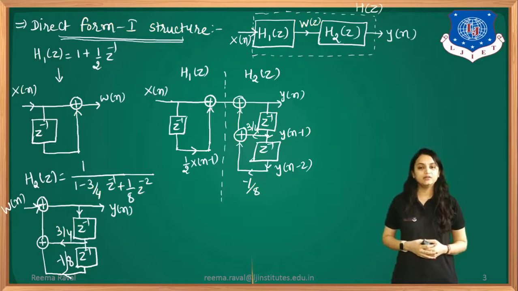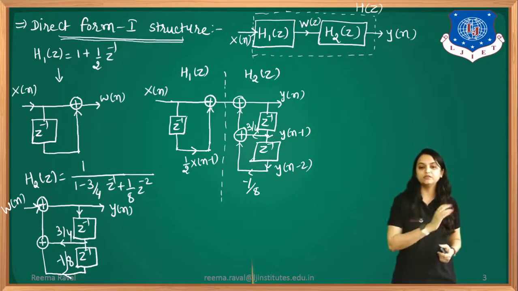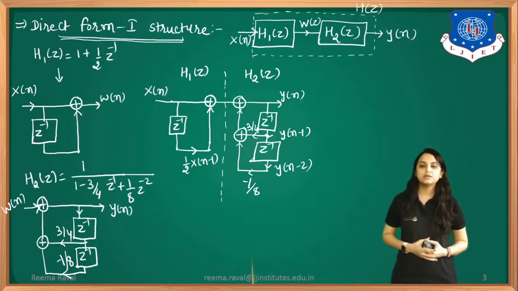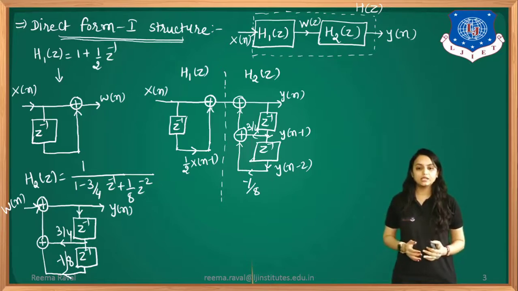Here the direct form 1 structure indicates that H1 of z into H2 of z will give the final output y of n, where the input is x of n and the output is y of n.